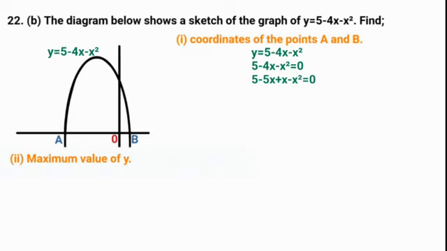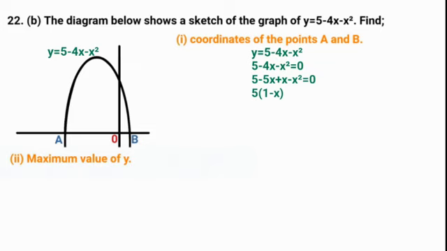So now I'm going to factorize this. I'm going to look for a number that can go into 5 and also into negative 5x. That number is 5 itself. 5 divided by 5 gives us 1, and negative 5x divided by 5 gives us negative x.